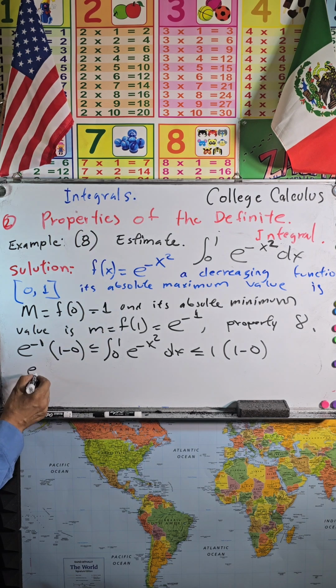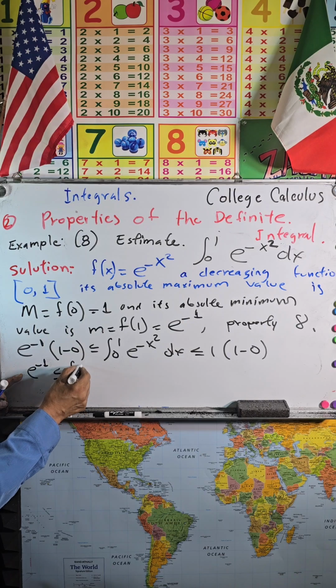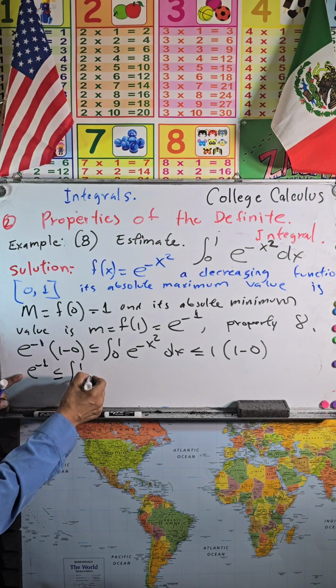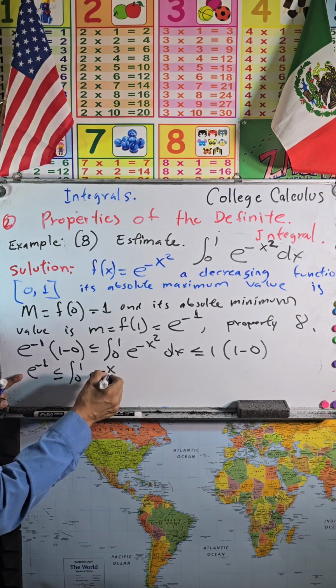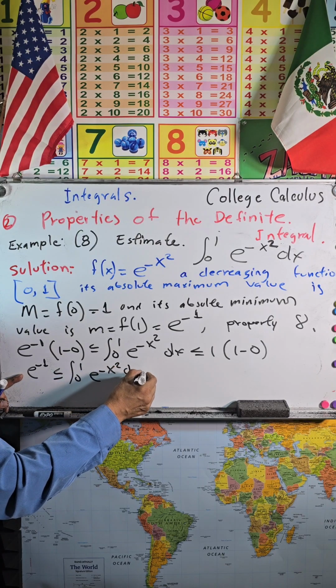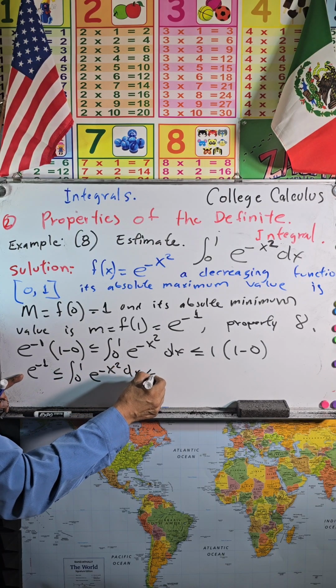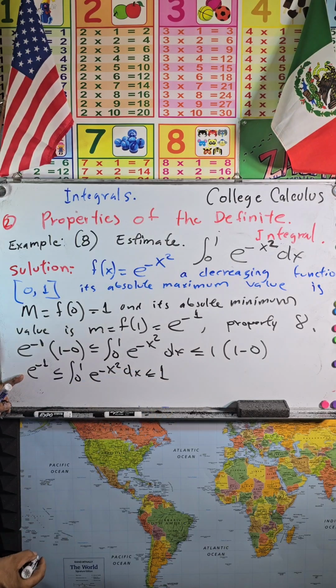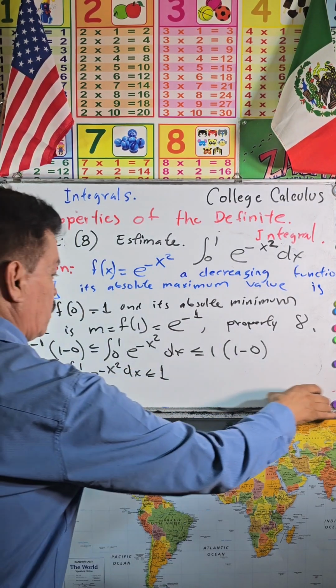So continue simplifying: e to the negative 1 power is less or equal than the integral from 0 to 1 of e to the negative x squared differential of x, which is less or equal than 1. See? So that's it.